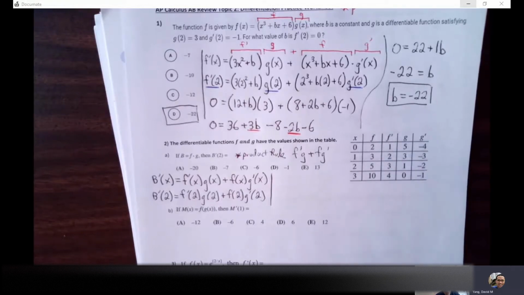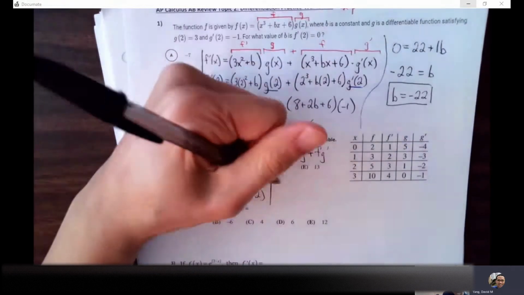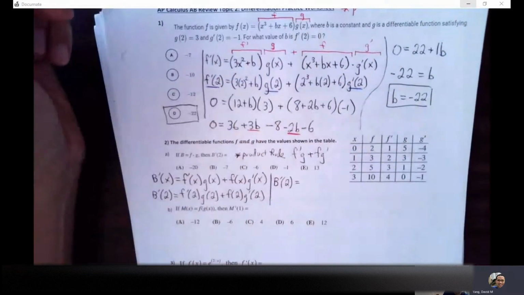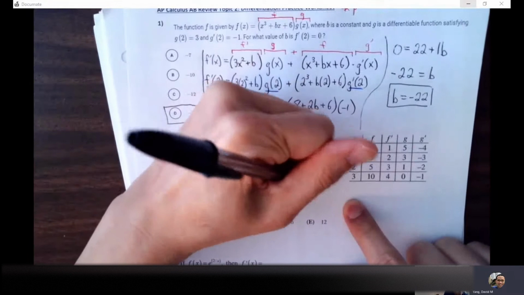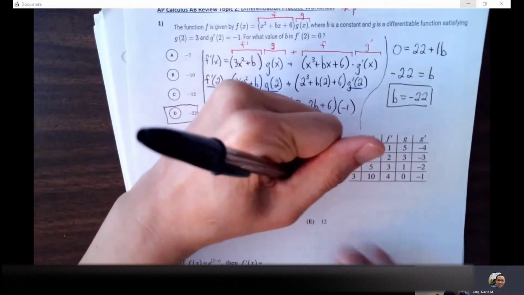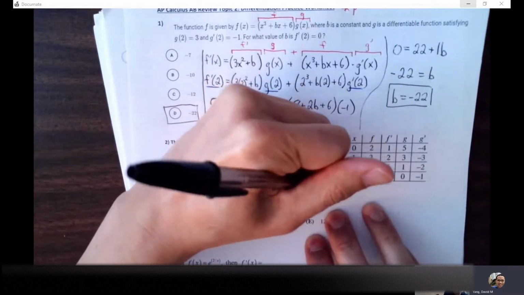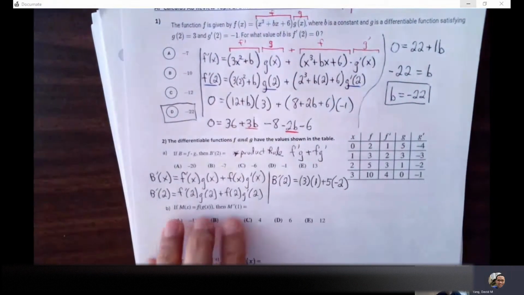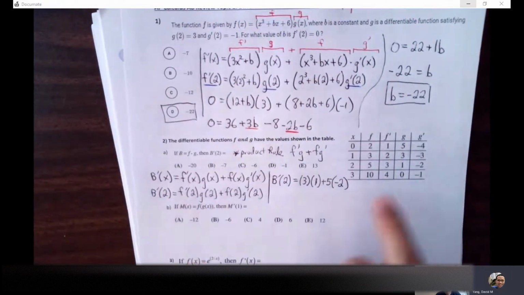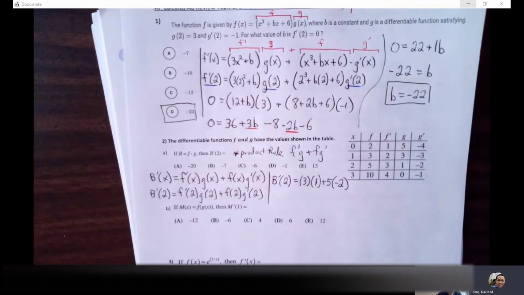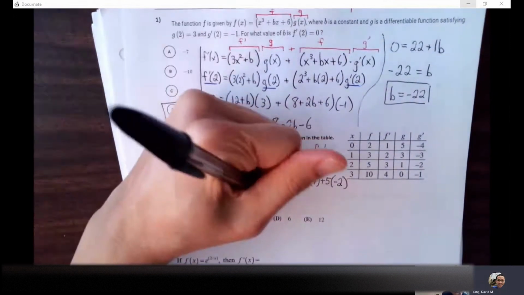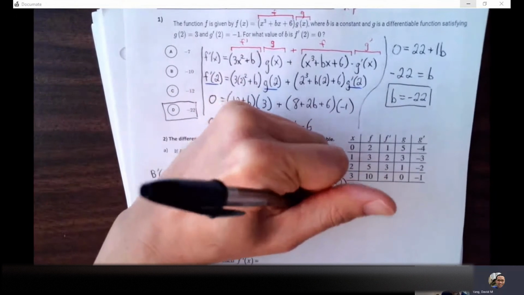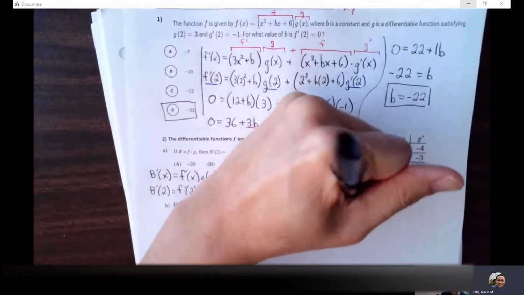And G prime of 2 is negative 2. Okay. All right, so we're just replacing each of these values with what is given to us in the table. Clean this up here. Negative 7.